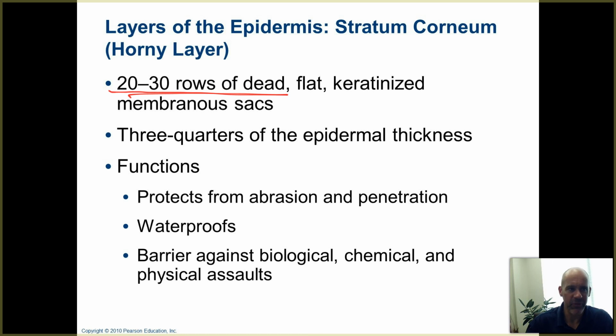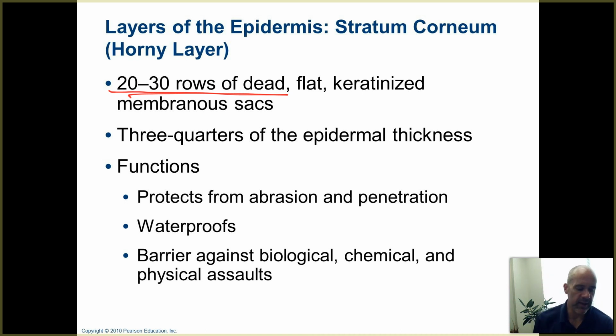You can't even really call them cells that much anymore because they're dead and no longer functioning. And so you have these sacs that are full of keratin, surrounded by those glycolipids like we were just talking about, and that helps create the barrier there at the surface.